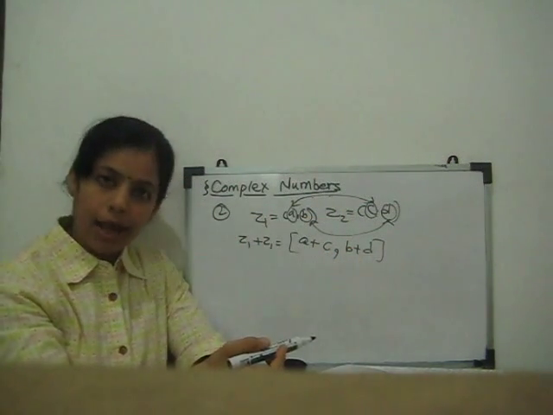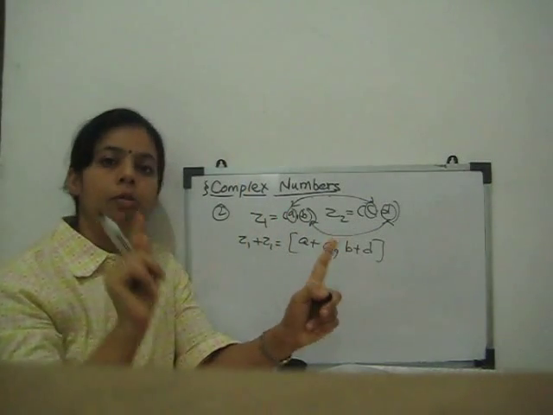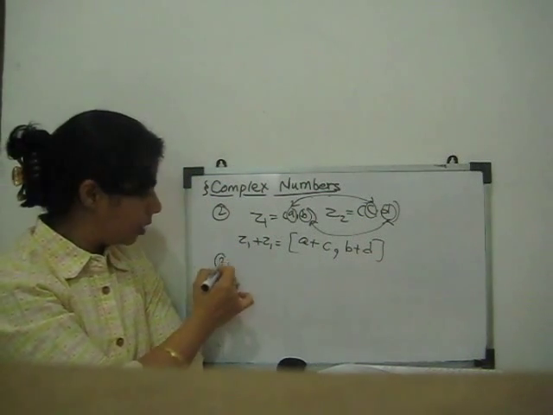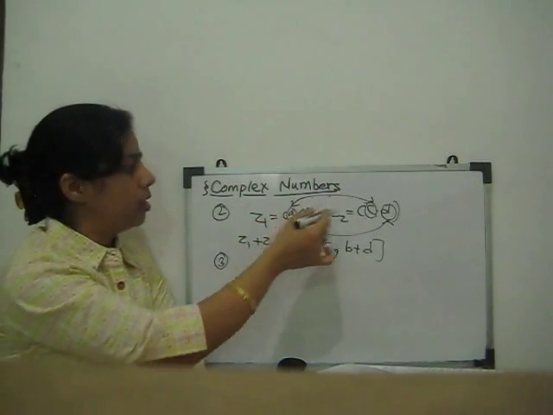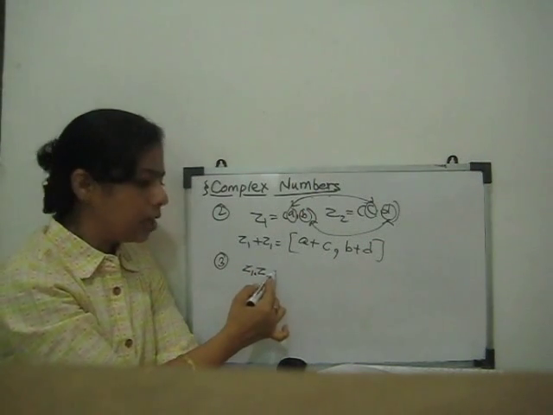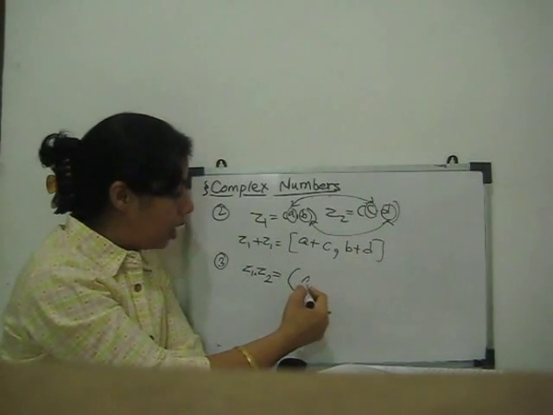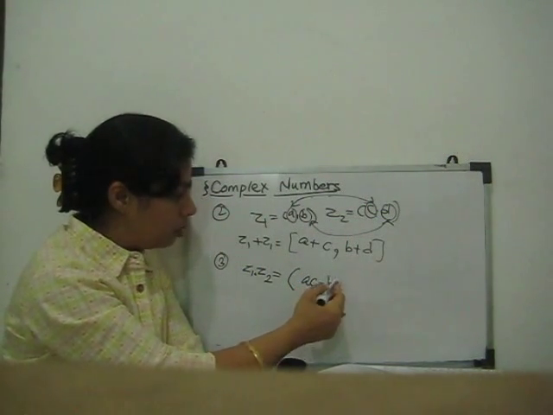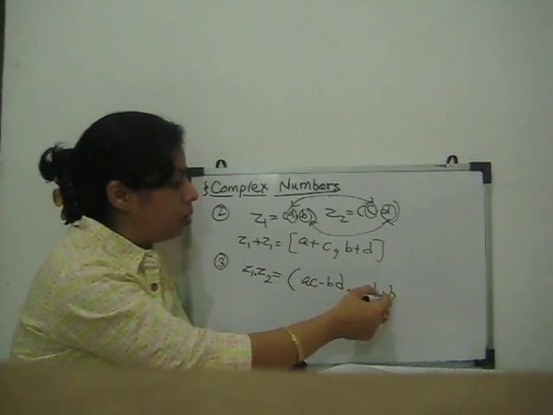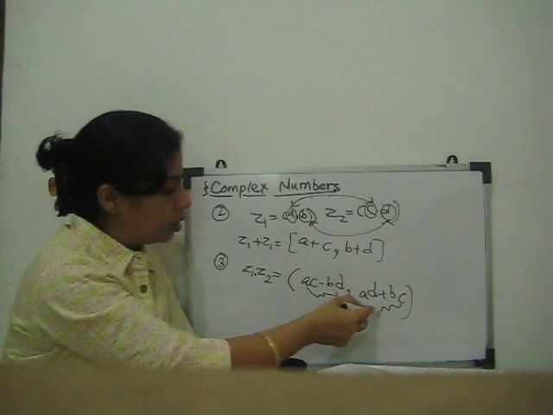This is our addition: real part adds with real part, imaginary part adds with imaginary part. Then third one is the multiplication. If z1 is this and z2 is this, then z1 multiplied with z2 is given by a little bit different: ac minus bd comma ad plus bc.